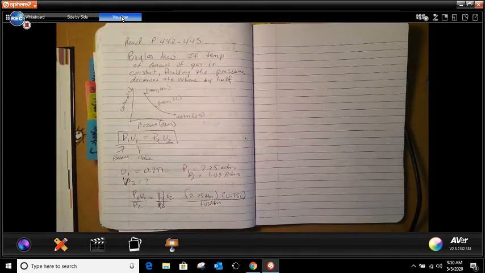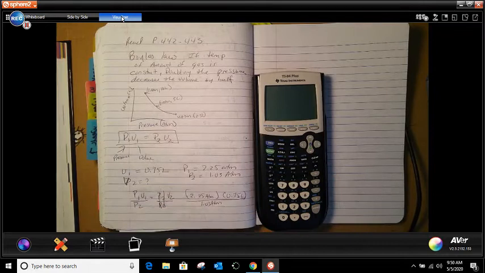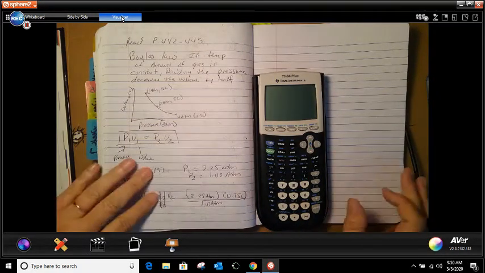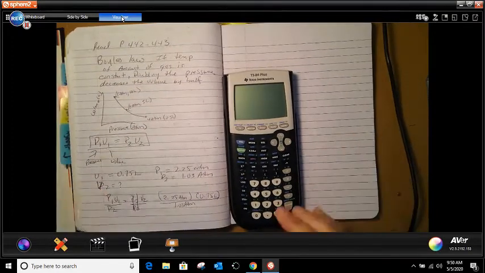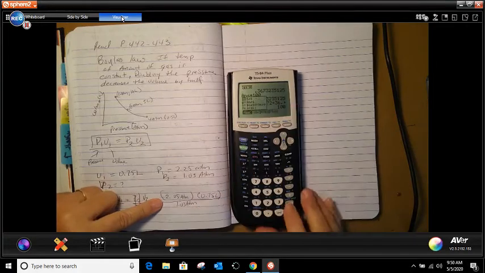So in my calculator, I want to make sure you can see the calculator. I'm going to go in and say, all right, I have alpha y enter.